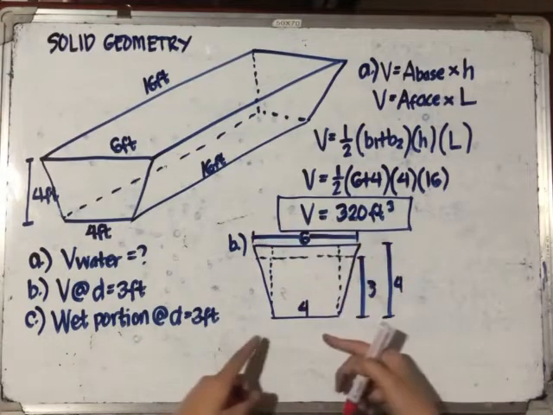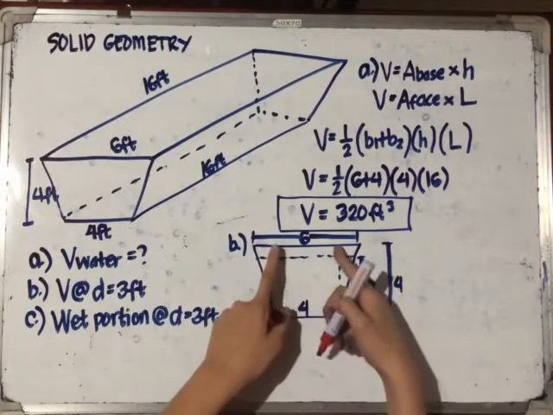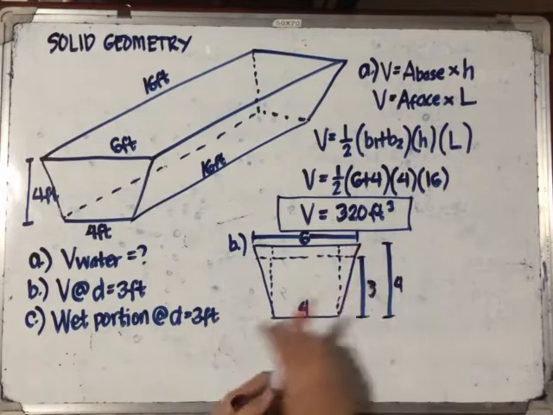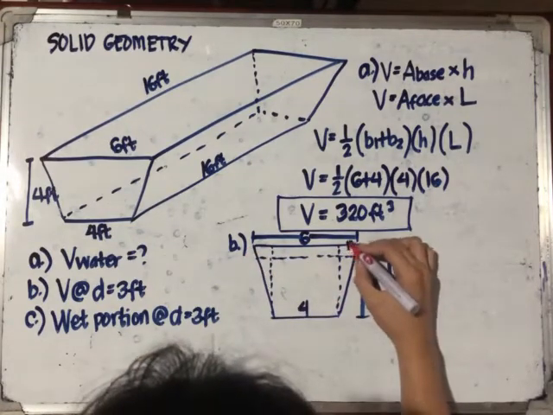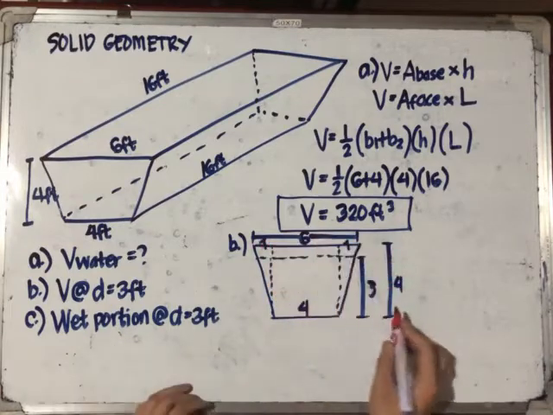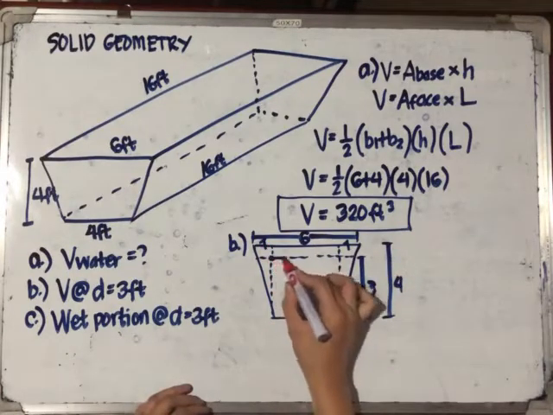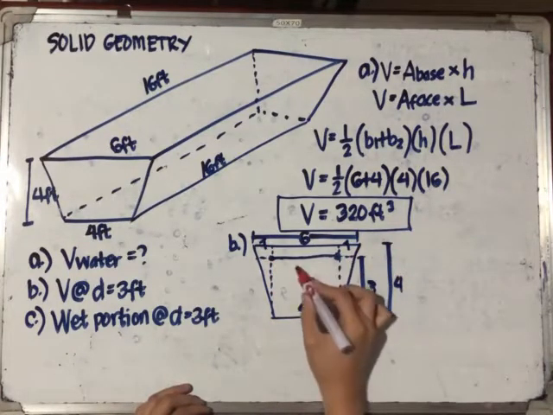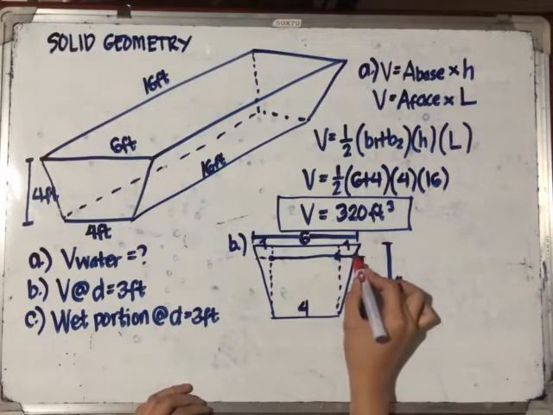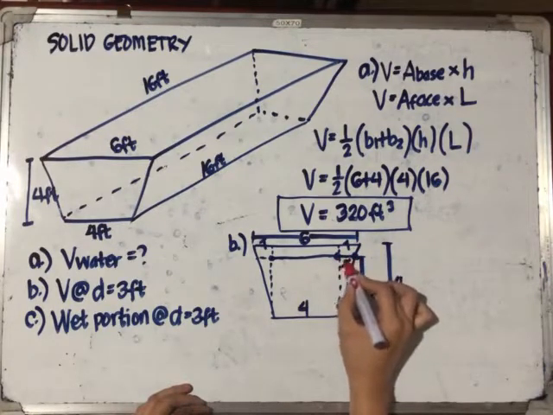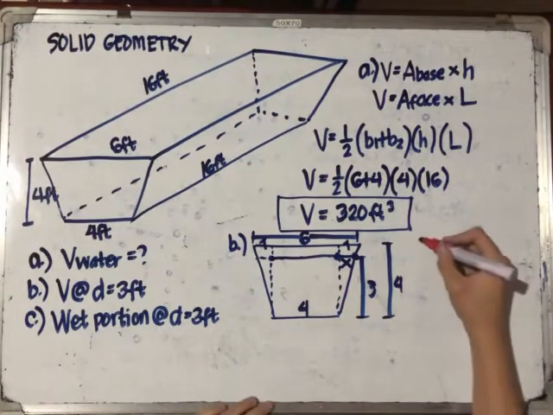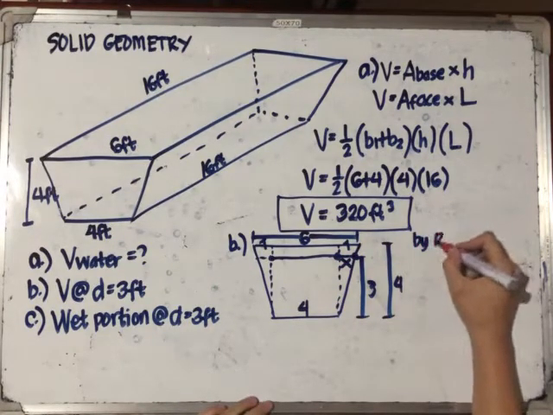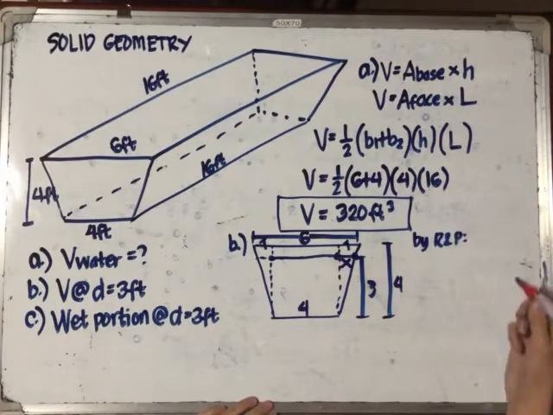Okay. So, kung 6 ito, tapos 4 itong projection dito, 1 na lang tong side na to, and then 1 na lang din tong side na to. Lagay ko dyan, 1 and 1. So, ito surely from this point here to this point here, 4 din yan. Kailangan natin malaman ano tong from this point to that point. That will serve as x. So, by ratio and proportion gagamitin natin dyan.